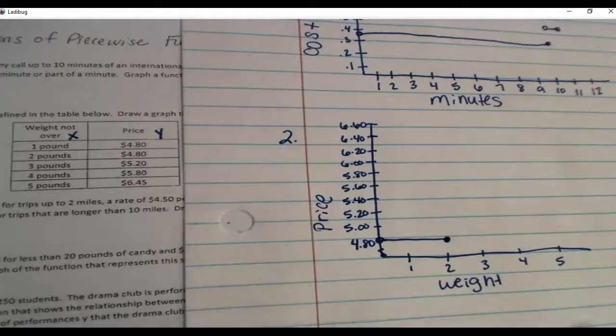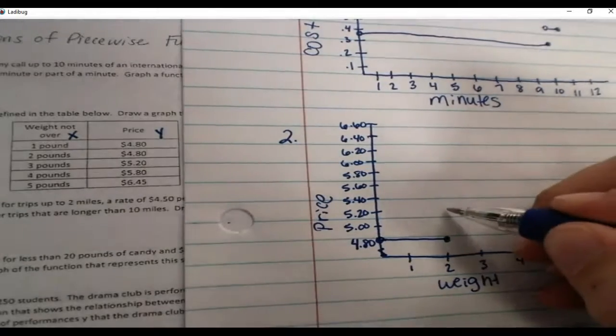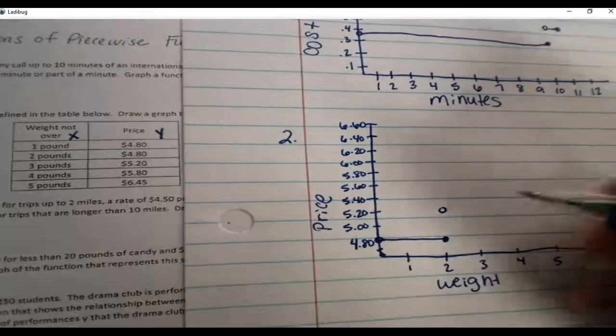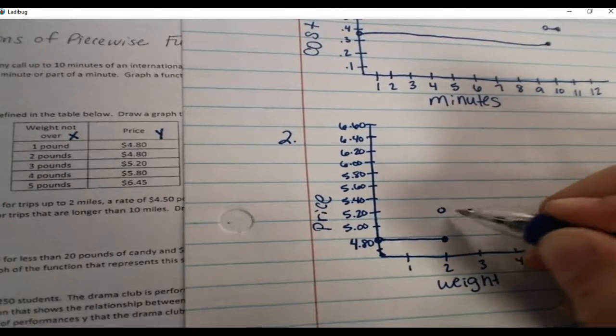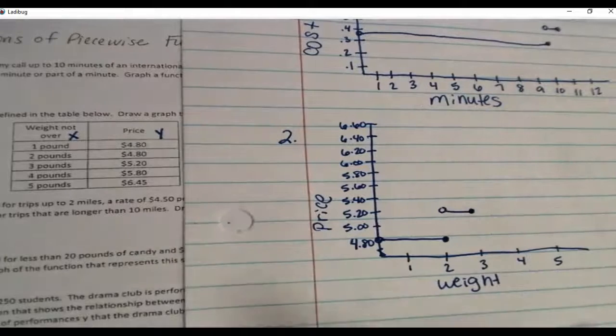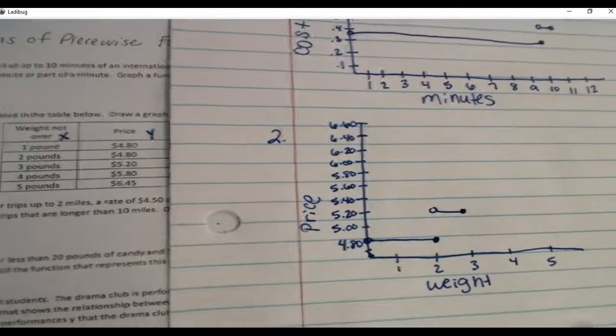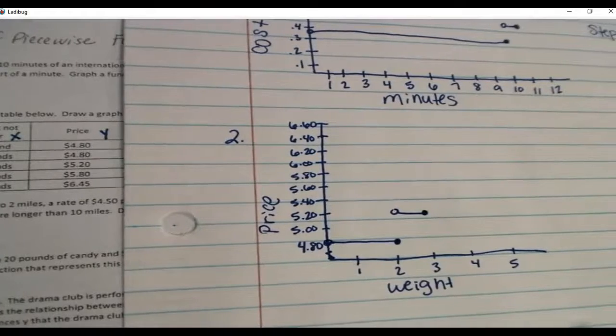So then 3 pounds is $5.20. Of course you have some between that 2 and 3 that also costs us $5.20. So I need an open circle at 2, and then that goes all the way to 3. Again it's an open circle because it doesn't include 2, because 2 pounds is $4.80. But anything over 2 pounds before you get to 3 is that $5.20. So how much is it if it's more than 3, but less than 4? $5.80.